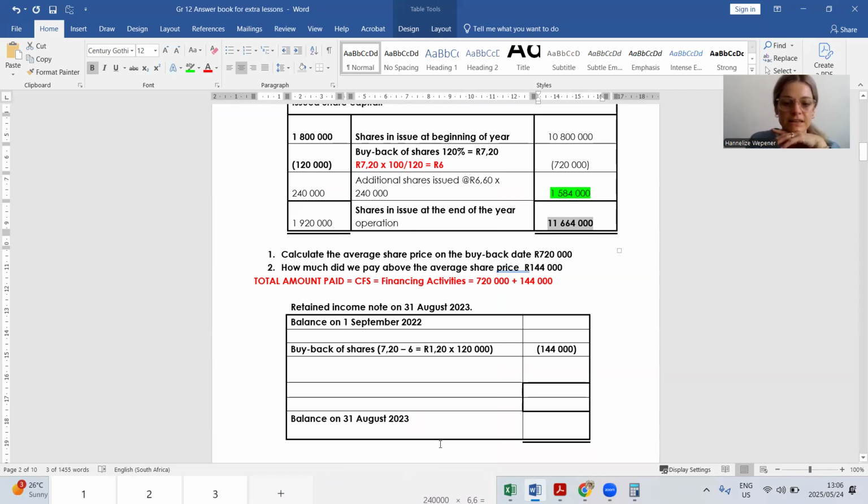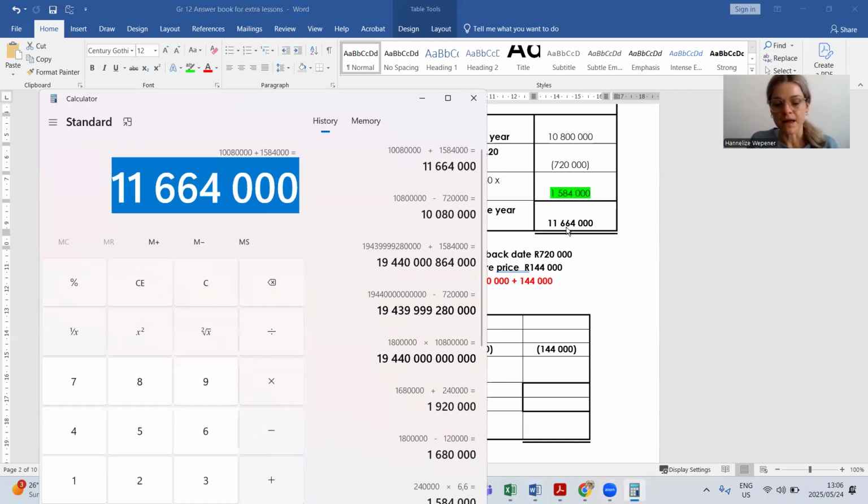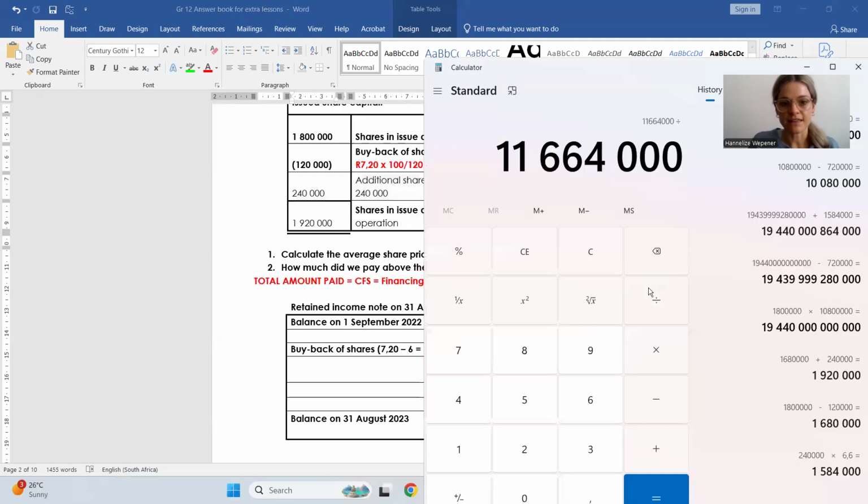So if we now look at this, let's say there was another buyback after these additional shares were issued. Then I won't use the R6 again, because I have now issued additional shares at a different share price. And that means that my average share price will change. I now have my new ordinary share capital amount, divide that by the number of shares in issue.